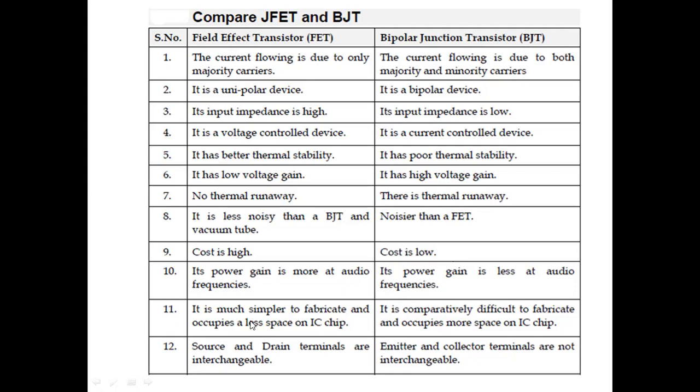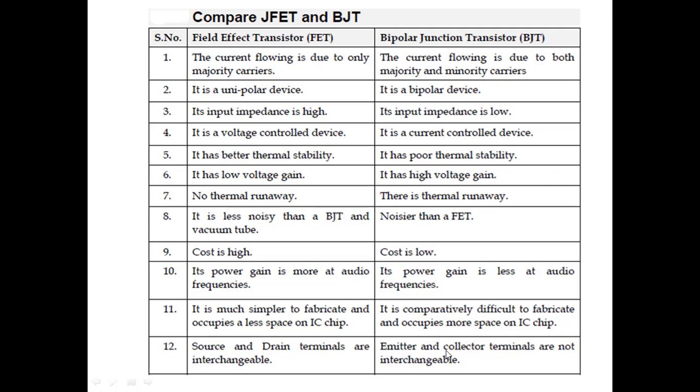The fabrication is very simple, and it also occupies very little space on the IC chip. But in the case of BJT, it is comparatively difficult to fabricate and occupies more space on the IC chip. Source and drain terminals are interchangeable. Here, source can act as a drain and drain can act as a source.